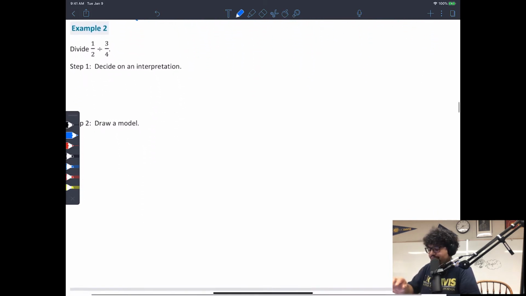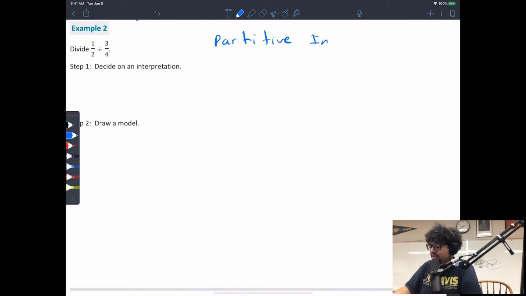Example number 2, divide 1/2 by 3/4. So step 1, decide on an interpretation. We're going to stay with the partitive interpretation. Now remember, typically for partitive interpretation, we base our model on the second fraction.